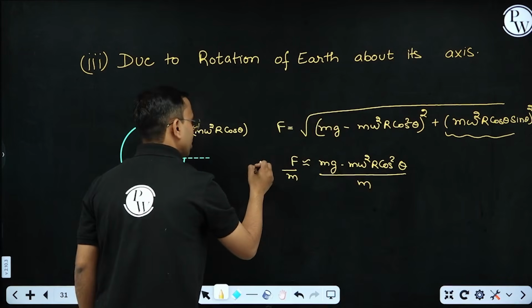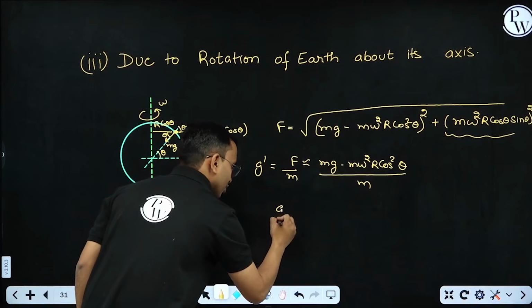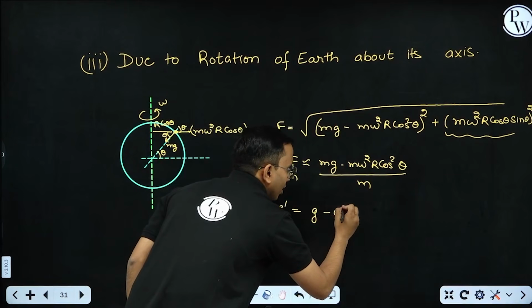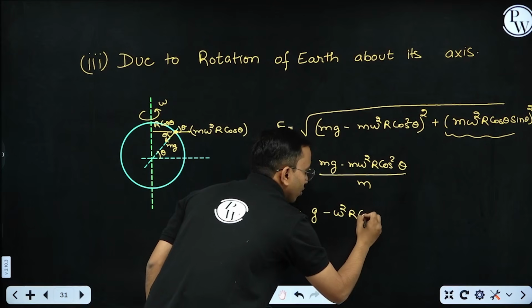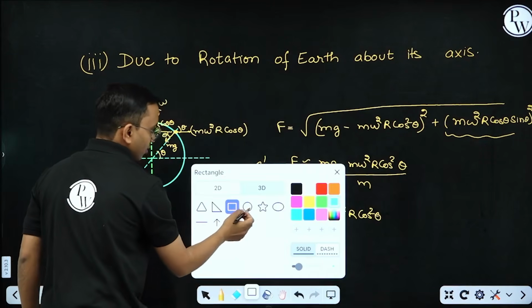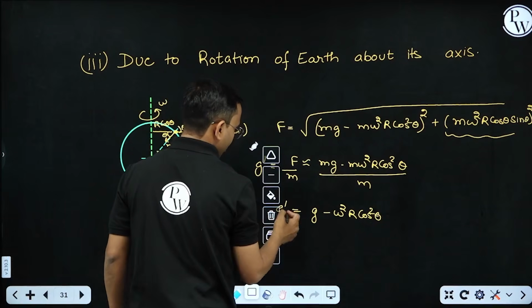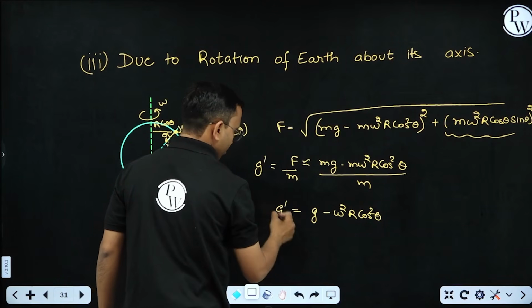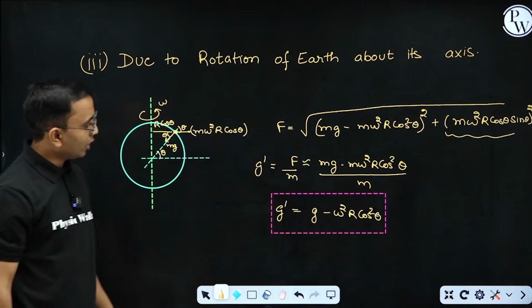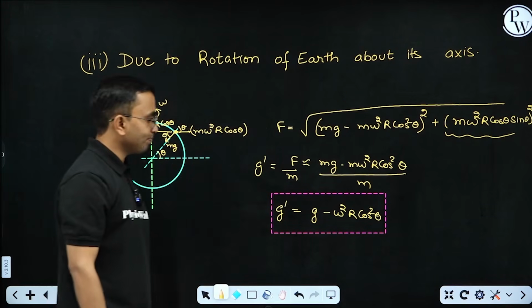So this becomes my g dash. Considering the rotation effect, this becomes g minus omega square r cos square theta. So you need to remember this.